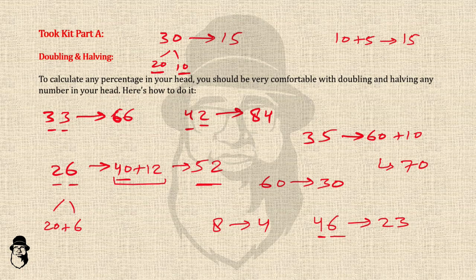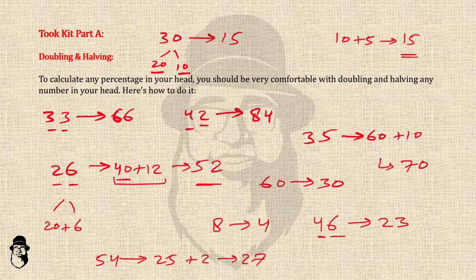And after very little practice, like 5 to 10 minutes of practice, we will get the answer right away in our head. And let's say half of 54 we want to do. We can do half of 50, that is 25, and half of 4 is 2. So we get 27 as half of 54.